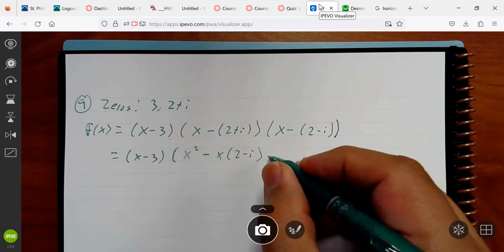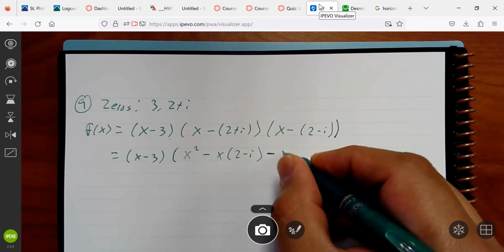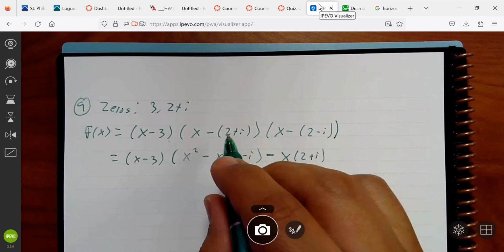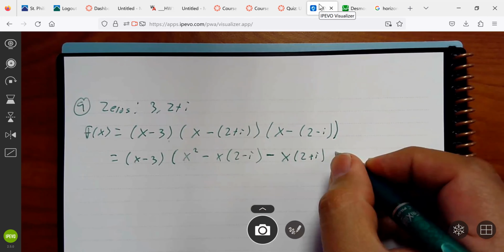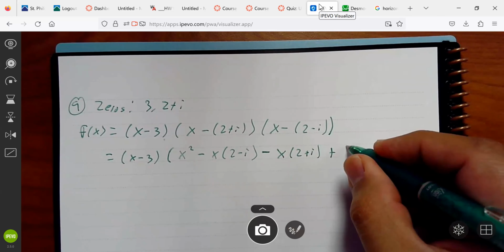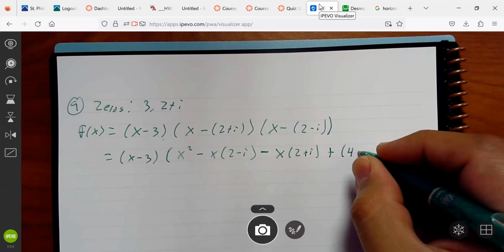This times that would be another x. This times this would be plus 4 minus 1.